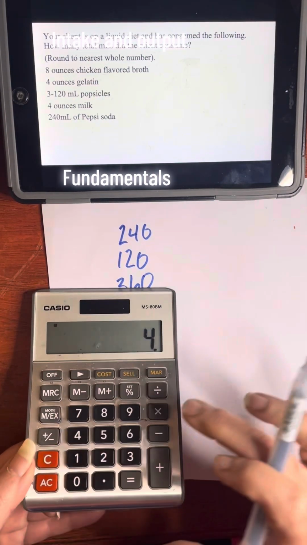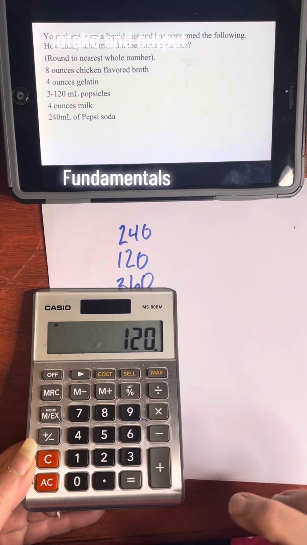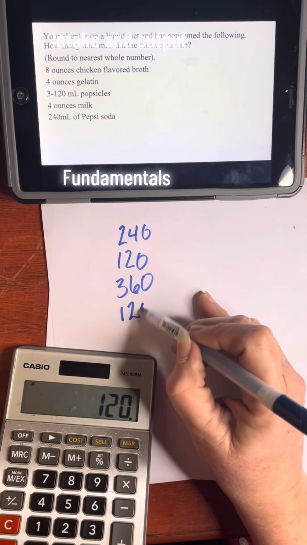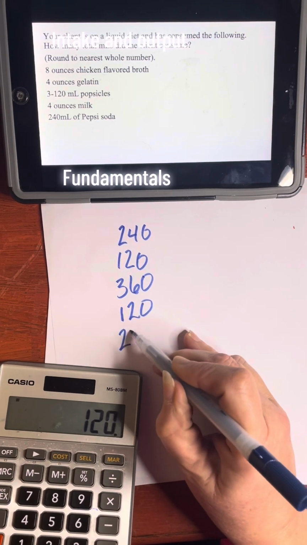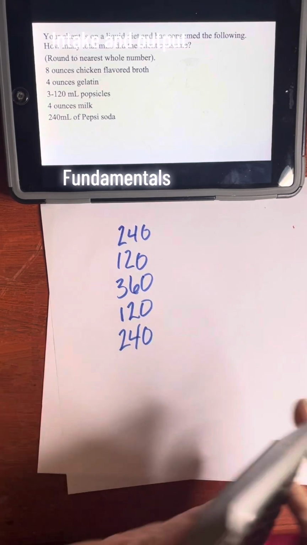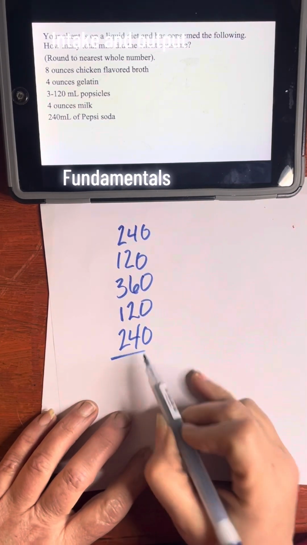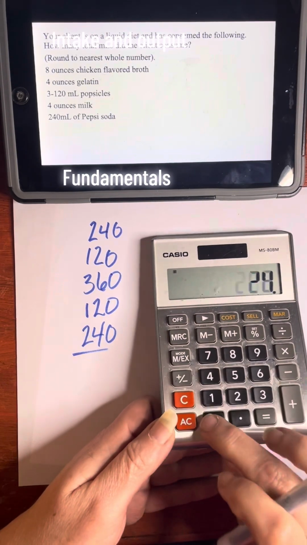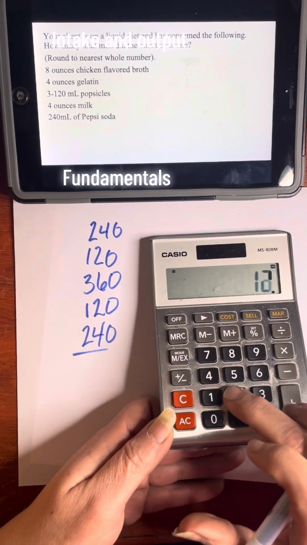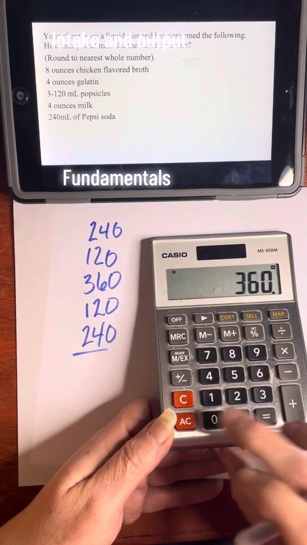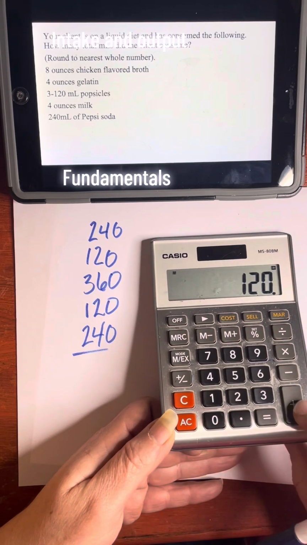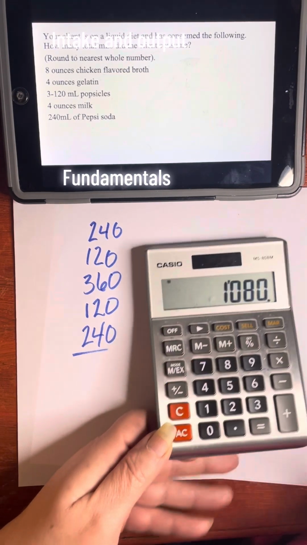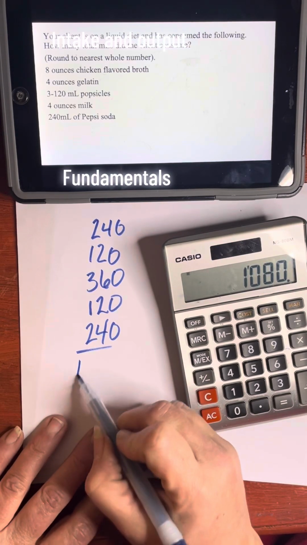And then 4 ounces, 120. And then 240 milliliters of soda. So here we go. 240 plus 120 plus 360 plus 120 plus 240 equals 1080.